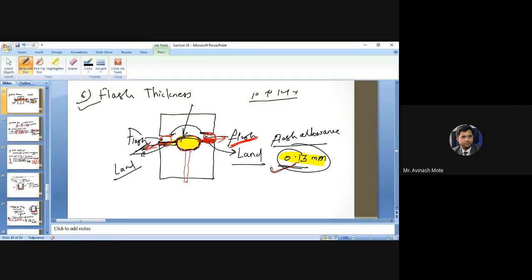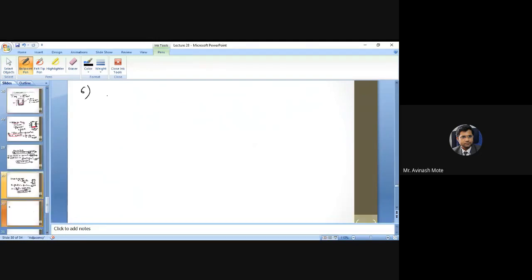And if not given, here is the number, okay, take it. Flash thickness, nothing is mentioned about flash thickness. It is assumed as 0.13 millimeter. Getting it? Okay, if nothing is given, whatever we have assumed, same way you can consider.